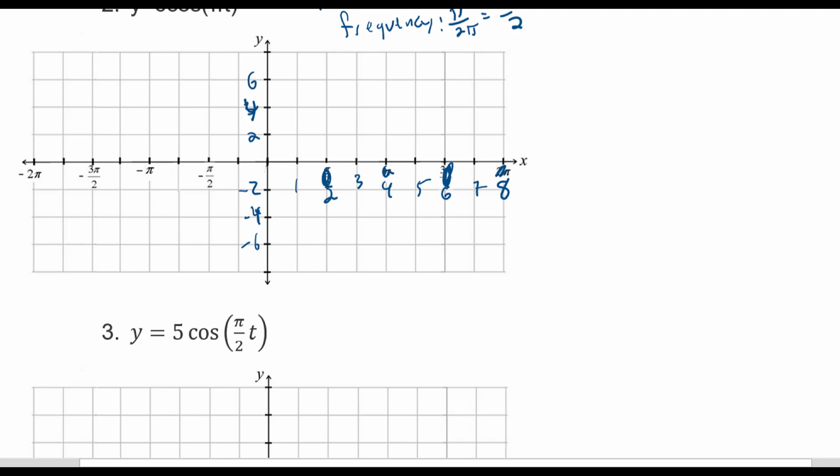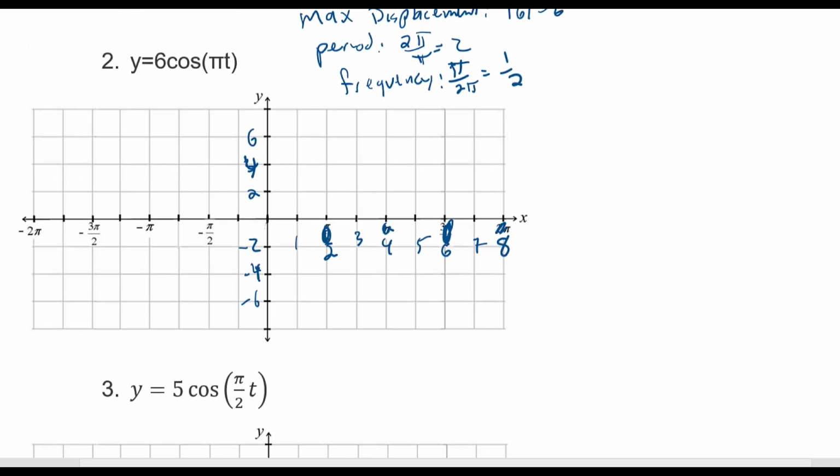This is a cosine function, so it's going to start high. It'll cross, go down low, cross, come up again, cross, go down low, cross, and come up again. Okay, there you go.